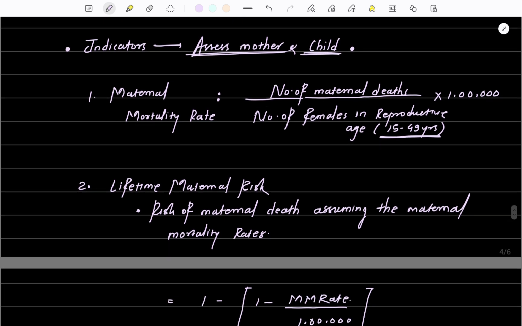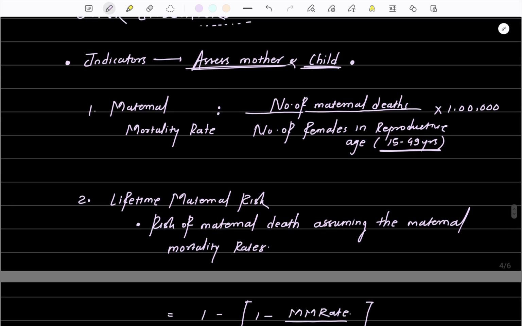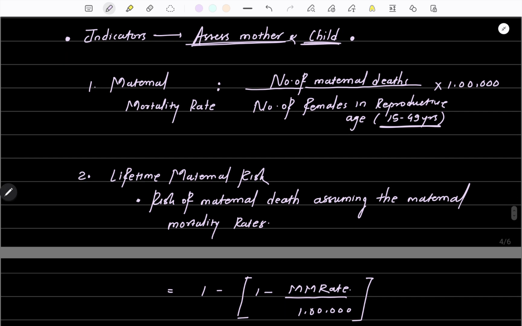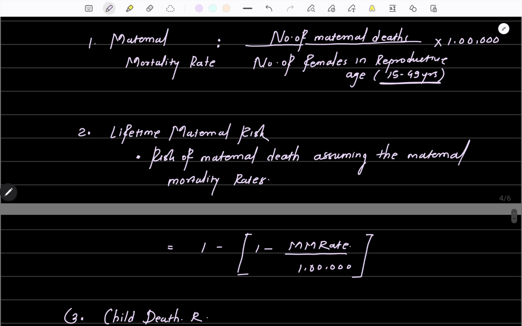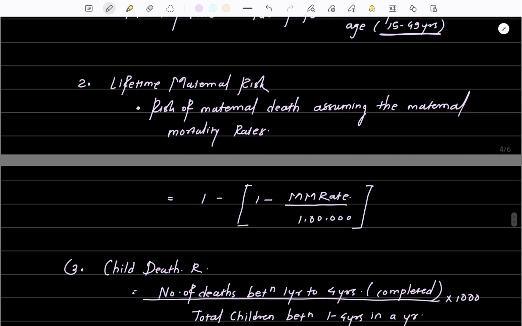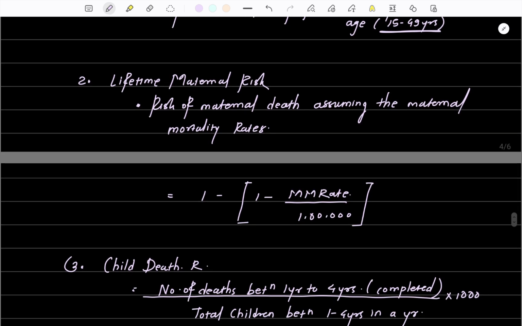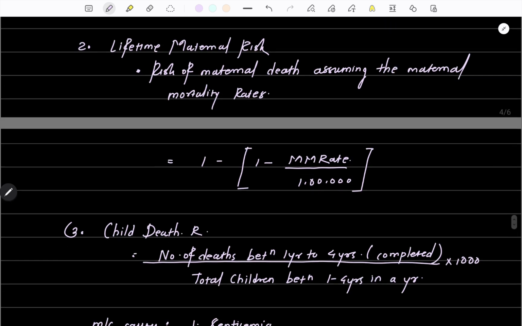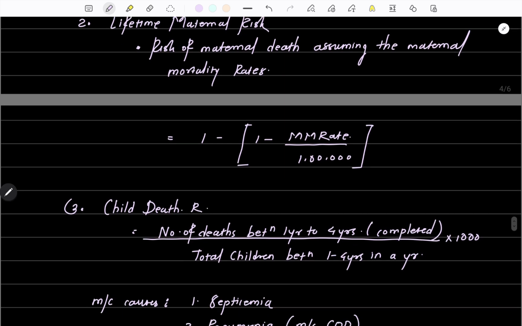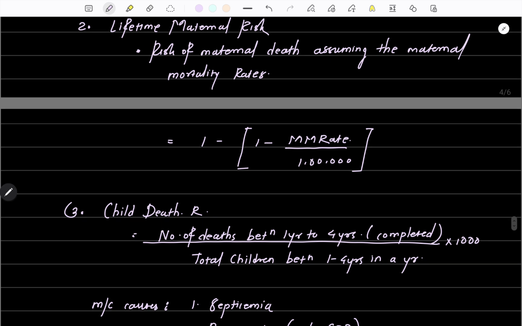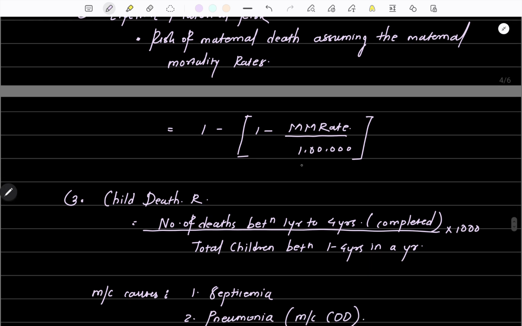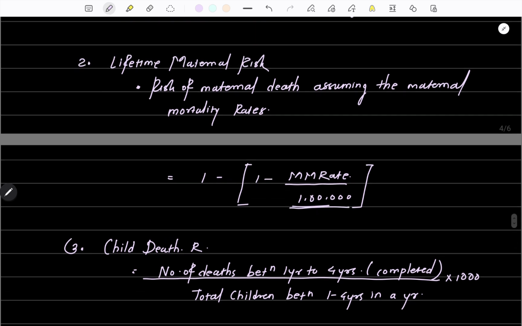Maternal mortality ratio is the number of maternal deaths upon live births into 1 lakh, and here it is the number of females in reproductive age. You have to remember this, very important. Then lifetime risk of maternal death, assuming the maternal mortality rate, and the formula for this is 1 minus maternal mortality rate upon 1 lakh. You just have to remember this.